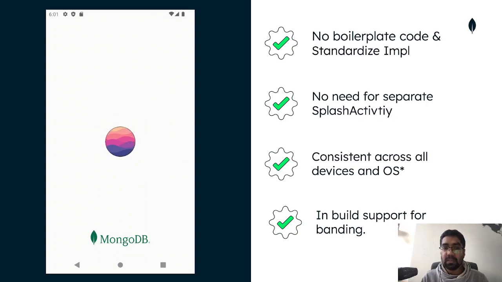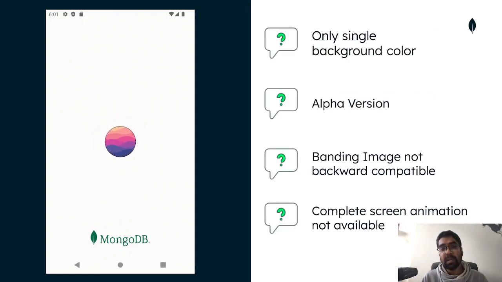Now let's see what are a few of the limitations while you're trying to use splash screen. In my opinion, I have noticed only very few limitations with splash screen. The first one I would like to highlight here is that you have to use only a single background color. In this case, as you notice, the Realm icon is so vibrant, it has so many colors. I cannot use a gradient or any mixture of colors. So at the end of the day, I have to fall back to the white color.